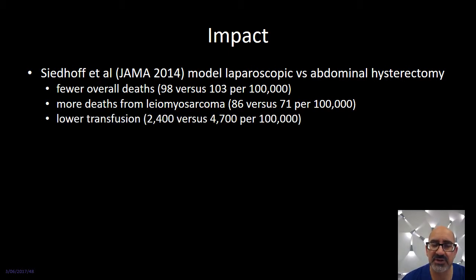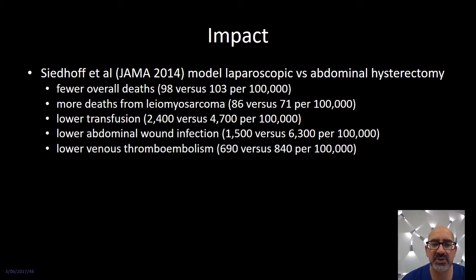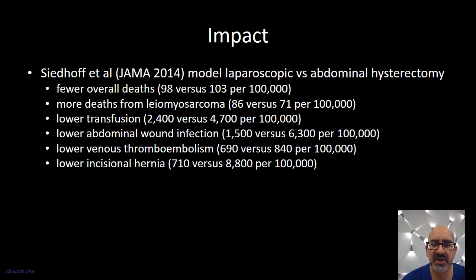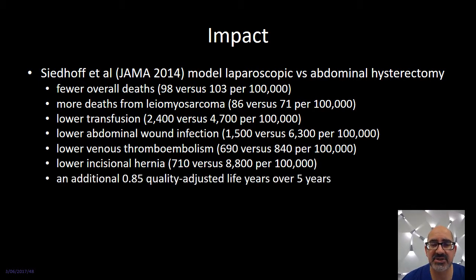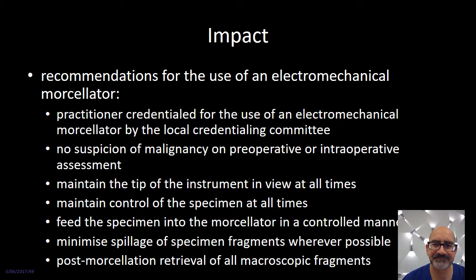There is a lower transfusion rate with laparoscopic versus open procedures, a lower wound infection rate, lower venous thromboembolism, less incisional herniae, an additional 0.85 QALYs over 5 years. But there are some issues with this modelling, in particular the incidence and the effect of upstaging, and also complication rates in this model are a little bit more optimistic, shall we say, for a laparoscopic approach.